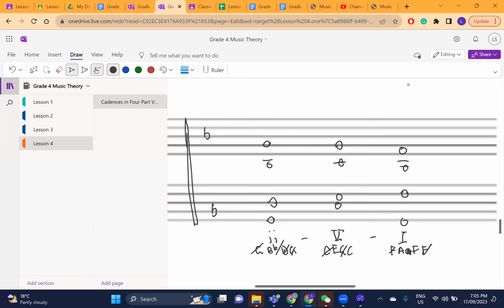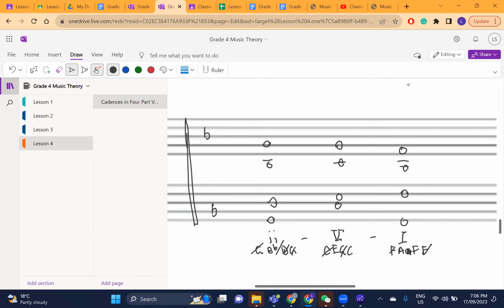We still have the perfect cadence here. But now with the 2 in front of it, the minor chord makes it funky. Okay? So that's how to precede a perfect cadence.